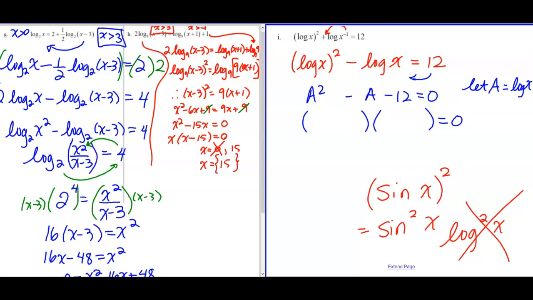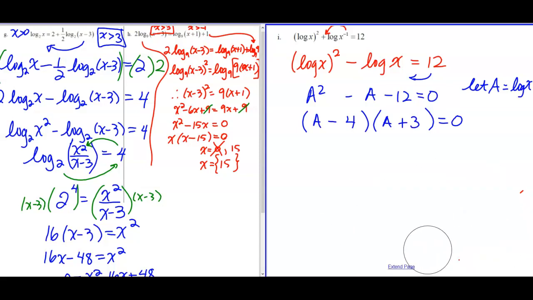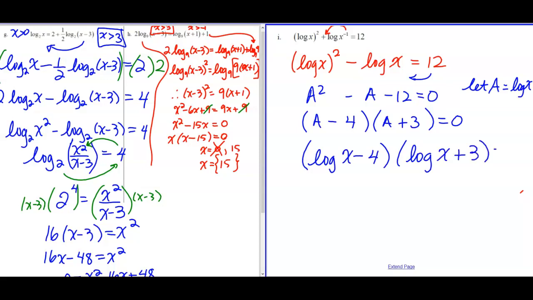With trig, we did it with exponentials as well. So -12, two numbers that multiply to -12 and add to -1 are -4 and +3. And so if I put my log of x back in, that's the factored form of my equation.